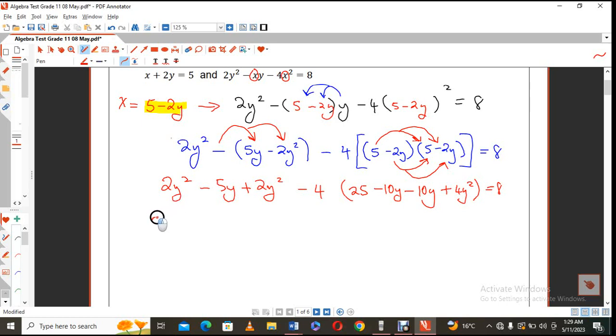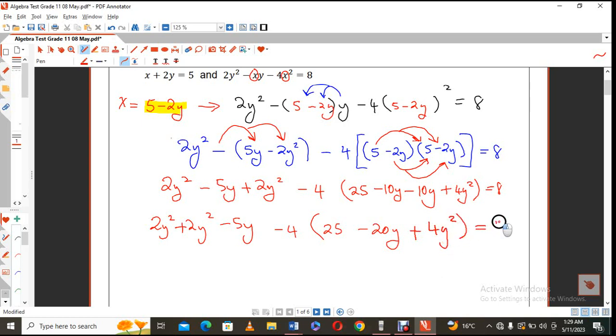In this particular case, I have the 2y squared plus the 2y squared minus 5y minus 4. So before I take that and distribute that 4 over, I can see that inside the bracket I have got like terms. So minus 10y, take away 10y gives you negative 20y, and then 4y squared over here.